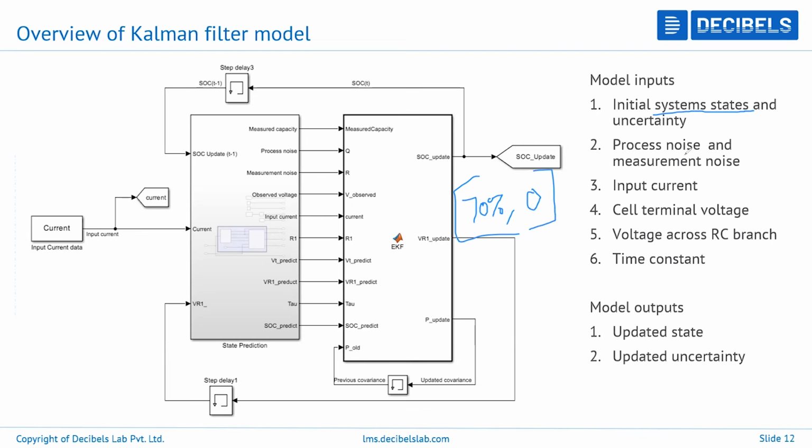Then you have to provide process noise and measurement noise values. Once again they're provided in matrix form, which is why they're called covariance matrices. They'll usually be provided as two-dimensional or three-dimensional matrices, which is basically a diagonal matrix, with values such as eta 1, eta 2, and eta 3.